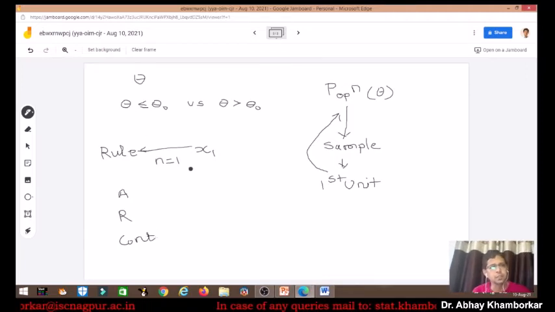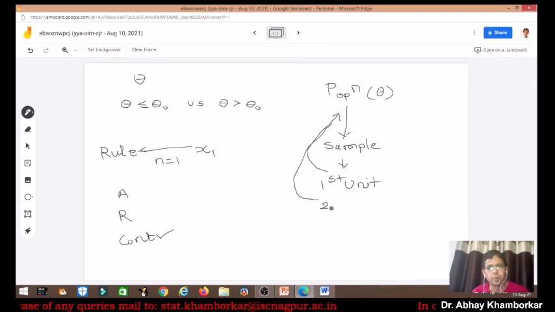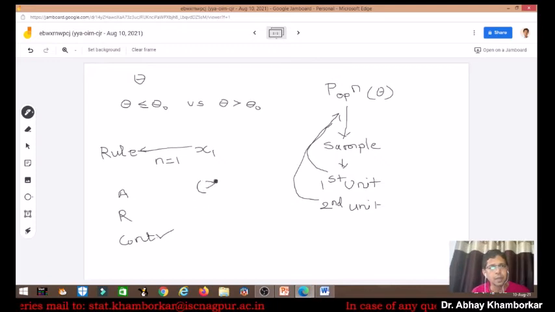Suppose in this case, according to the rule, we can neither accept the hypothesis nor reject the hypothesis, but we should continue the sampling procedure, and therefore I will draw another unit from the same population, which is the second unit. So now the sample will be x1, which is already drawn, and then x2, and therefore the sample size is right now 2.